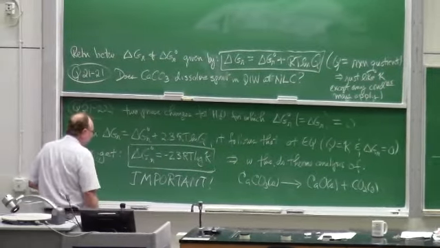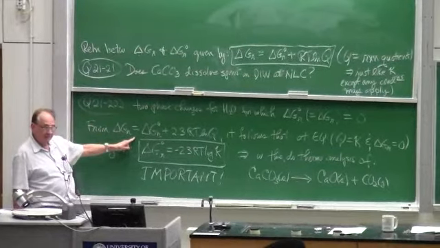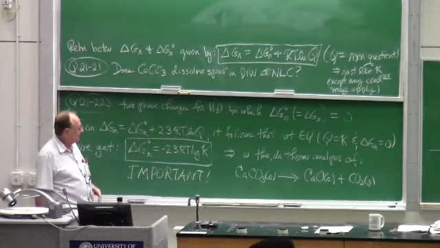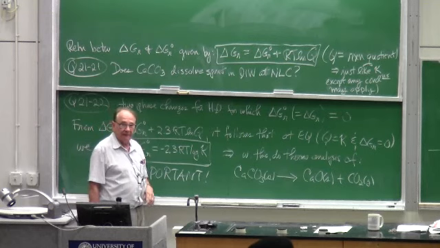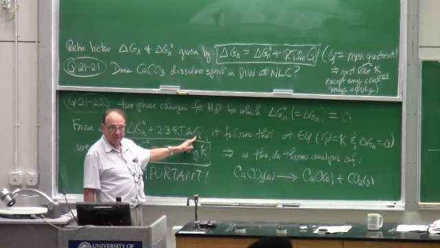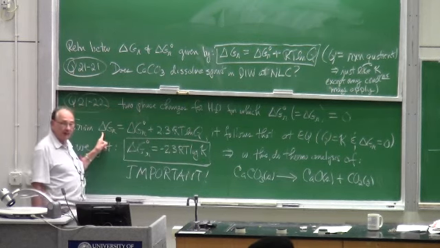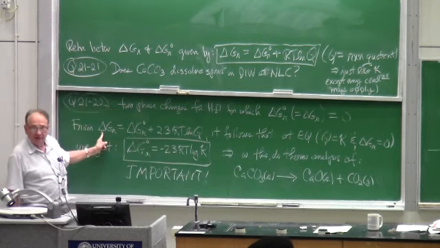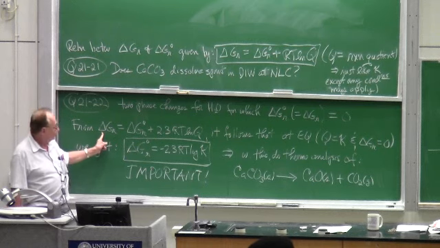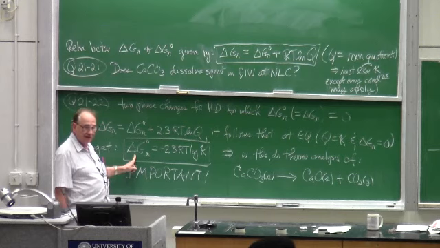Now, to move along. From this relationship, it follows that if we're at equilibrium, the reaction quotient is equal to K. And if we're at equilibrium, the change in free energy is how much? 0. Nothing. Which means at equilibrium, this relationship exists.